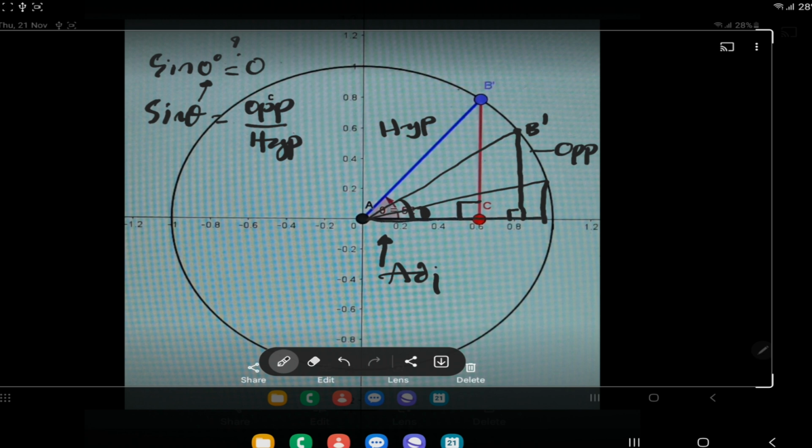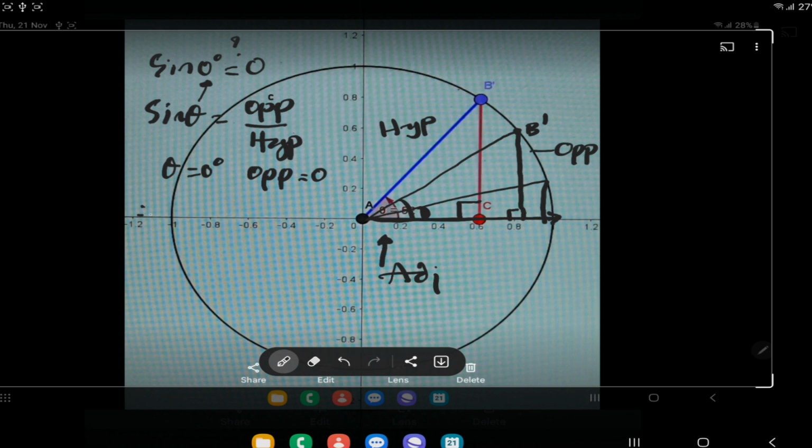When theta is equal to 0, you don't see any opposite side, meaning the opposite side has vanished. When theta is 0 degrees, the opposite side is also 0 units.